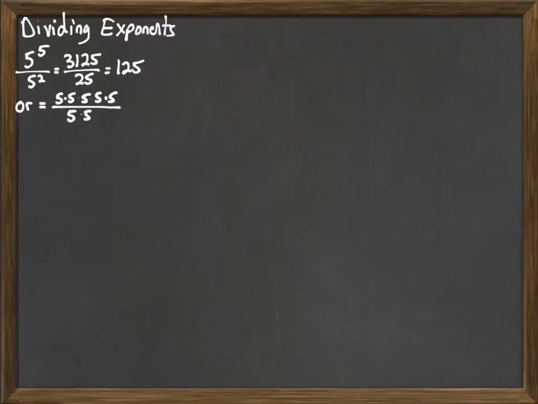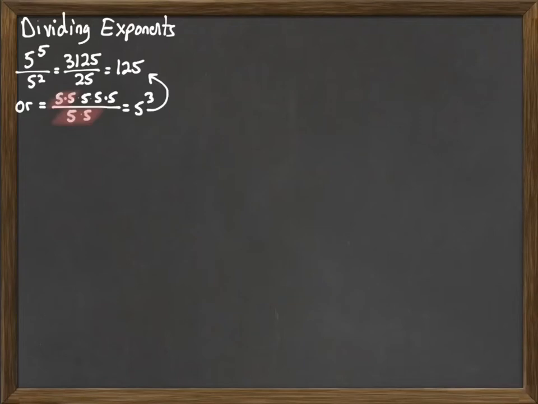And then we have a fraction, and remember, in a fraction we can cancel out common stuff in the top and bottom. So that's what we do. We take the 2 5s in the bottom, cancel them out with 2 of them in the top, and that leaves us with 5 to the 3rd, which if you punch that into a calculator is the same as 125. And so we can see that we can cancel out those common factors.